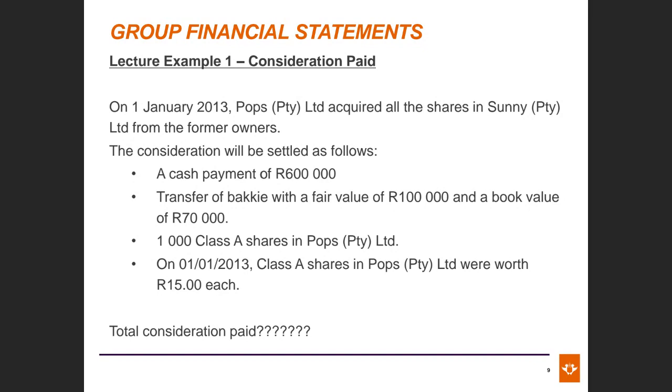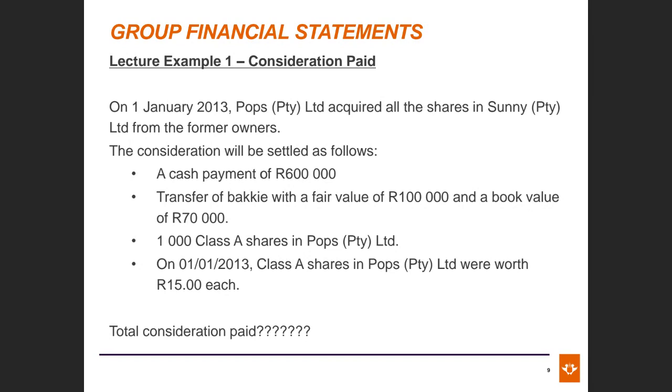So even though the book value of the bakkie is 70,000 Rand, the real market value is 100,000 Rand. So the 100,000 Rand will also form part of your consideration paid. And then the last item is a transfer of 1,000 Class A shares in Pops Pty Limited. So this will be transferred to Sunny Pty Limited.